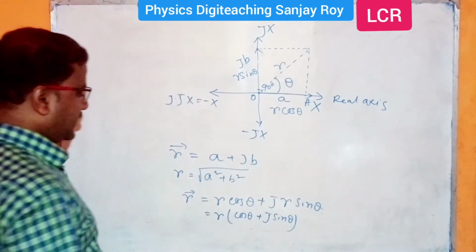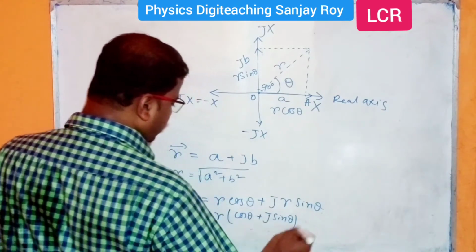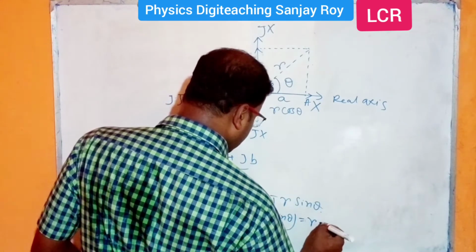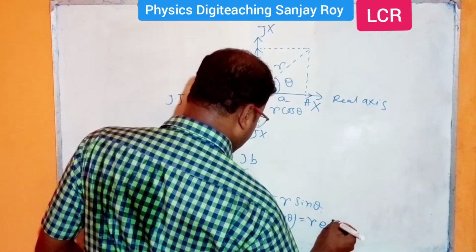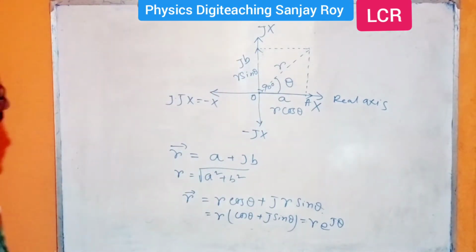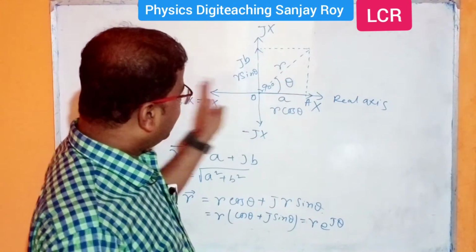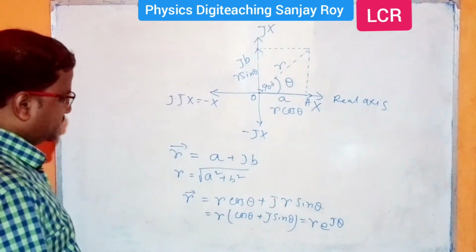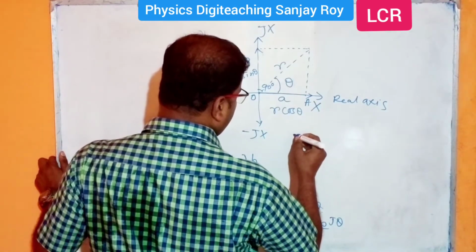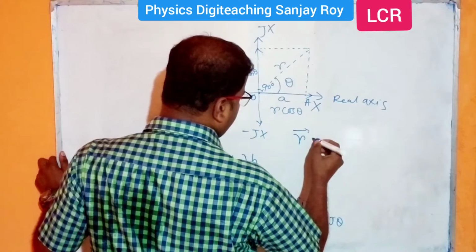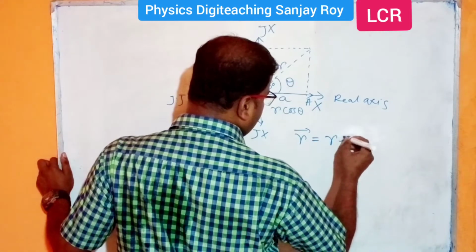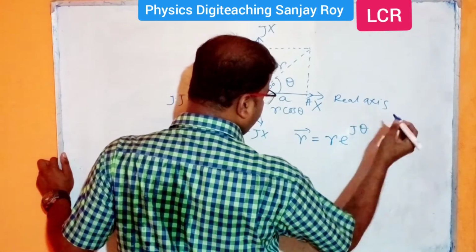Okay, and from Euler's theorem we can write R e to the power j theta. This is called Argand diagram. So in Argand diagram, any complex number or any vector can be written as R e to the power j theta.